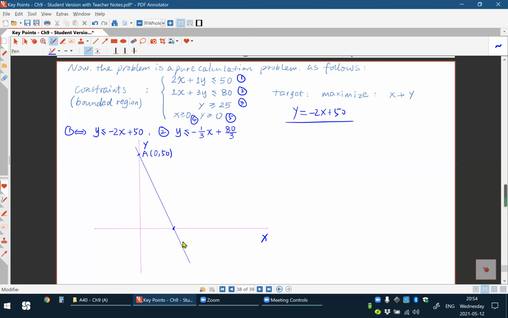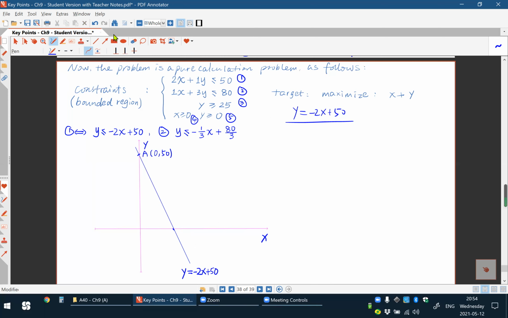And there's another point here. Let's leave these coordinates for later because we don't necessarily need the coordinates here, right? This line is y equals minus 2x plus 50.